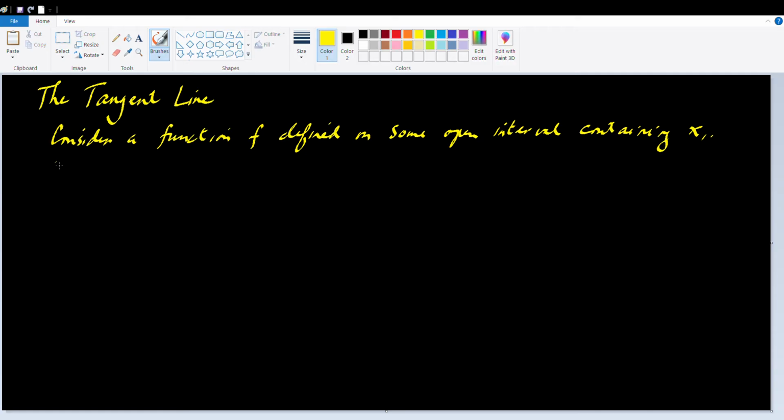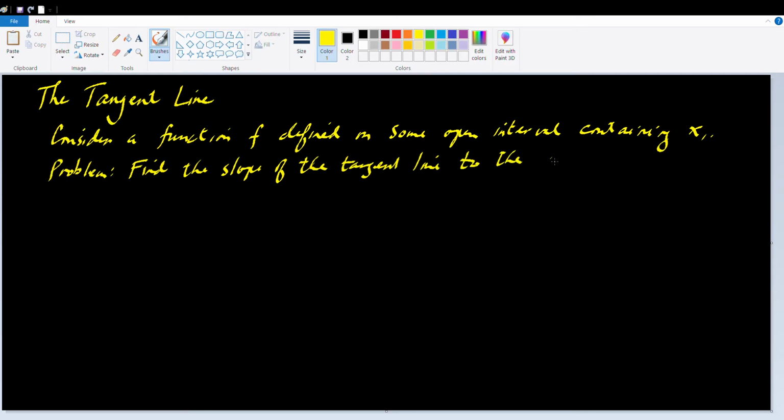So our problem is to find the slope of the tangent line to the curve of f at the point x sub 1, f of x sub 1.